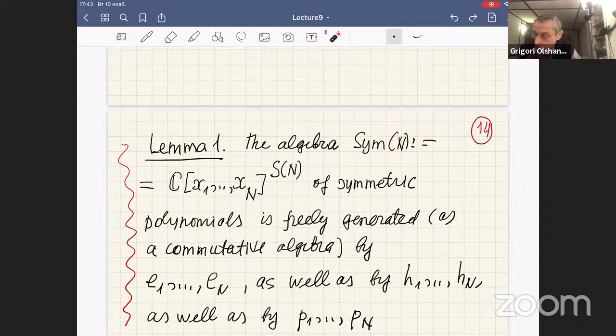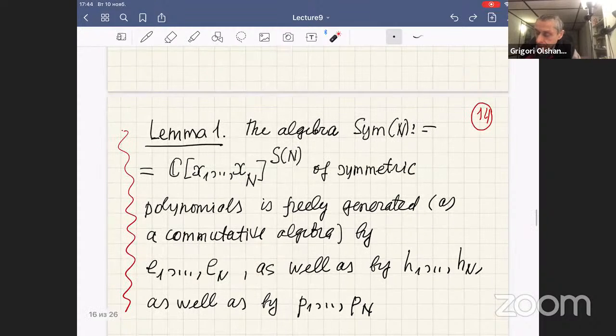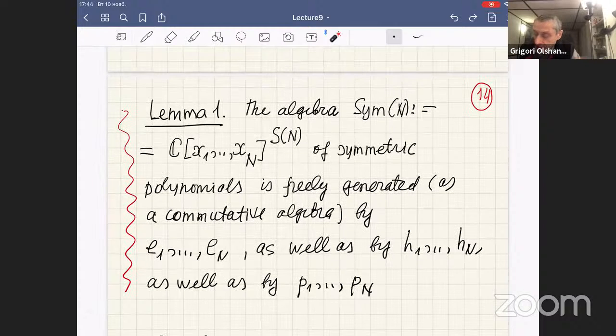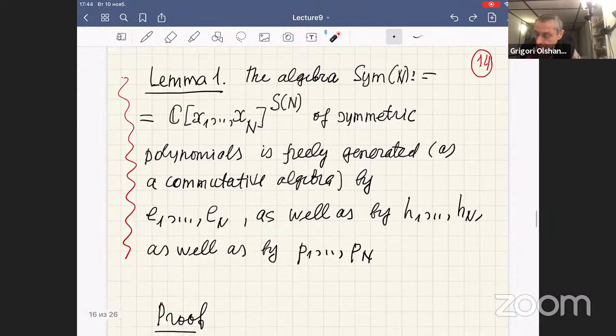What we want to have is that the algebra, this is my notation for the algebra of symmetric polynomials in n letters, is freely generated as a commutative algebra, which means that the generators are algebraically independent, by the elementary symmetric polynomials, but also by complete homogeneous symmetric polynomials up to degree n, as well as by power sum symmetric polynomials, also up to degree n. How to prove this?